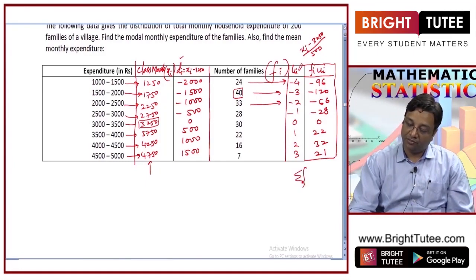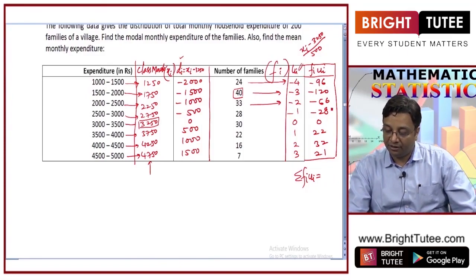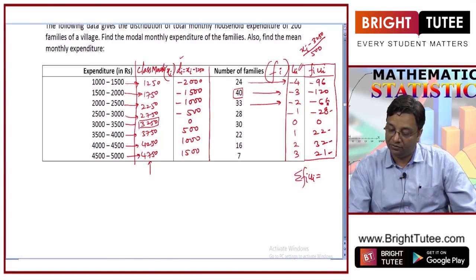Now if I ask you what is sigma fi ui, it is the sum of these, and we have got some negative numbers. So let us adjust these numbers here. 32 minus 28 is 4 positive. So 4 plus 22 is 26, 27, 47. Till now we have got 47.